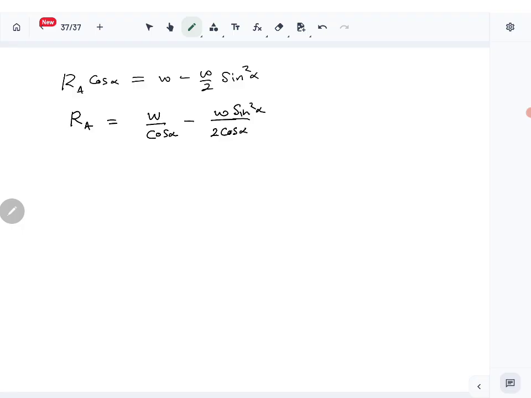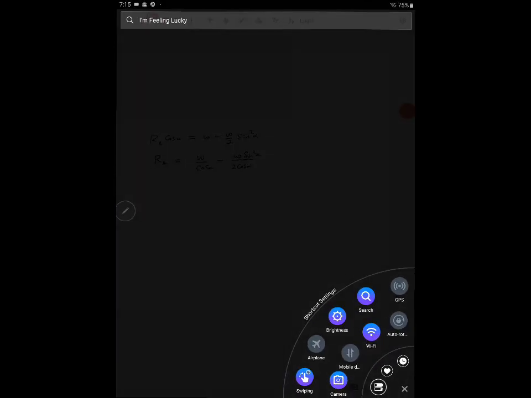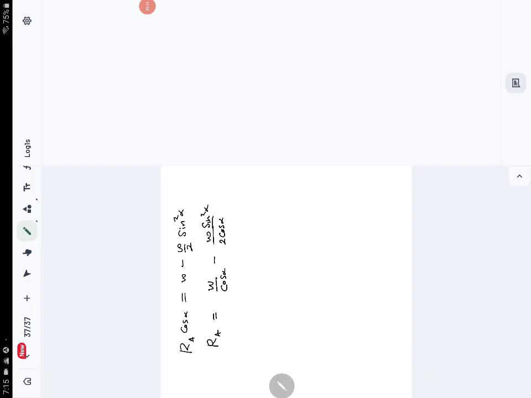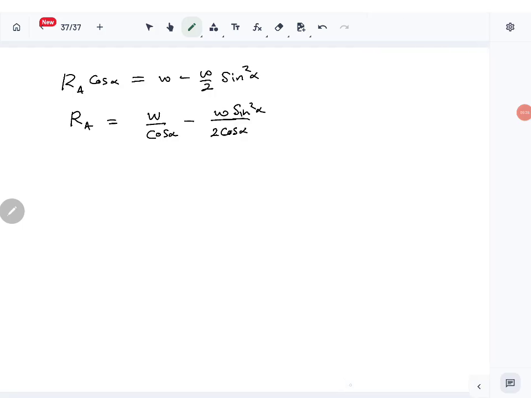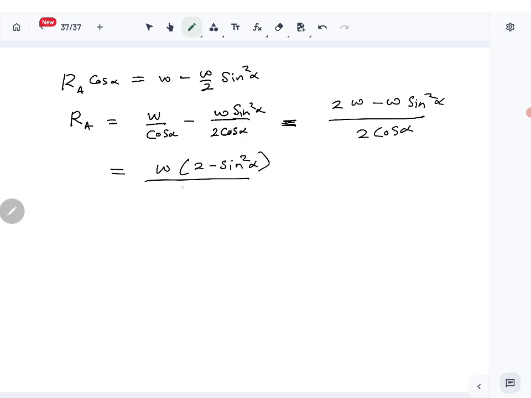Take the common denominator, which is 2 cos alpha: 2W minus W sine squared alpha. Take the W out, so W times 2 minus sine squared alpha over 2 cos alpha, that is RA. So mark it as 2.